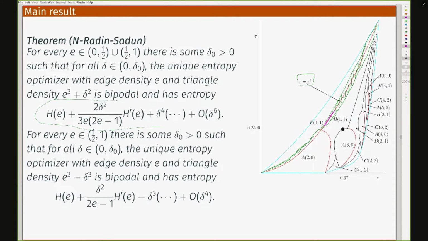Now, in this result, I've talked about going up from triangle density e cubed to e cubed plus delta squared. In order to increase the triangle count by delta squared, you pay delta squared in entropy. In order to decrease the triangle count by delta cubed, you also pay delta squared in entropy.